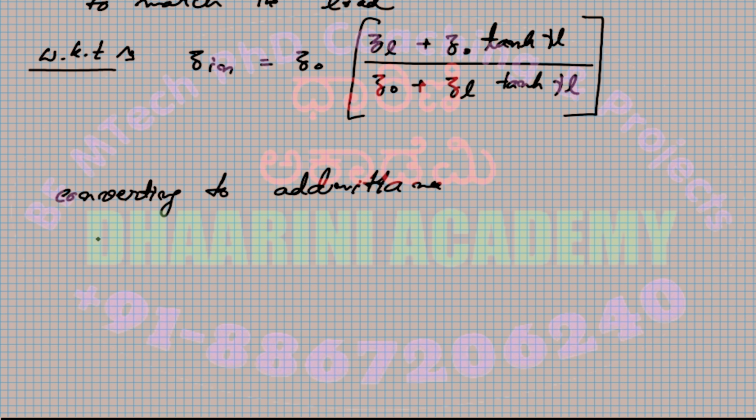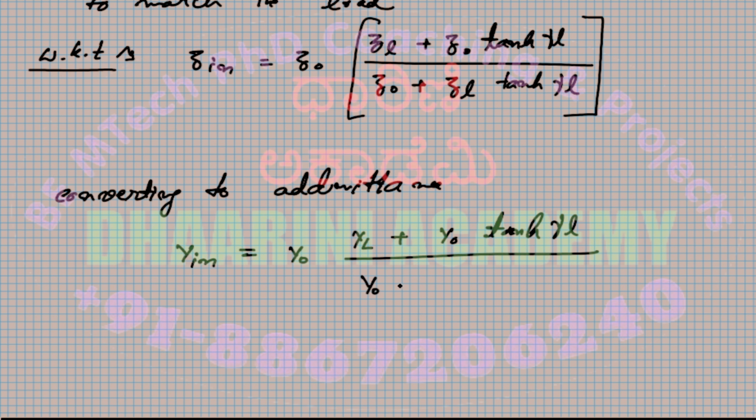So Z in becomes Y in, Z naught becomes Y naught, and ZL becomes YL. So Y in equals Y naught times YL plus Y naught tanh gamma L, whole divided by Y naught plus YL tanh gamma L. Absolutely fine.